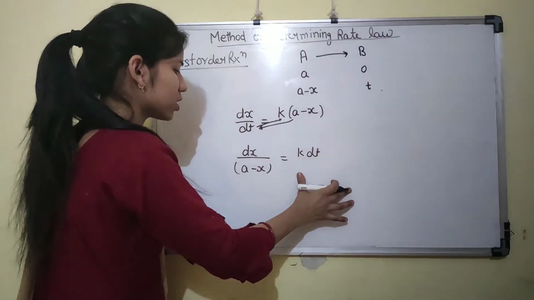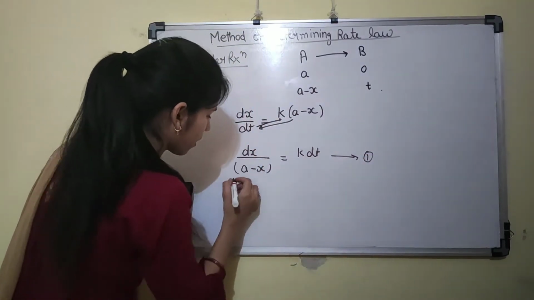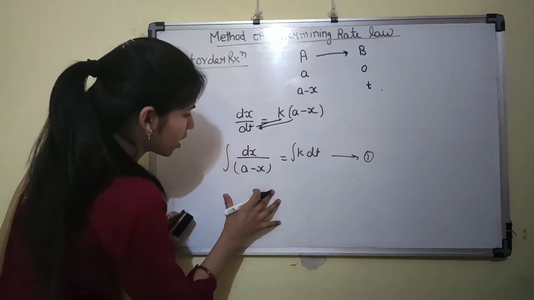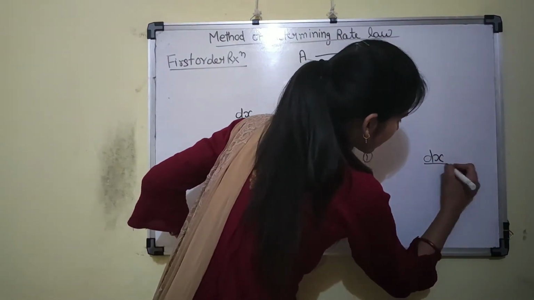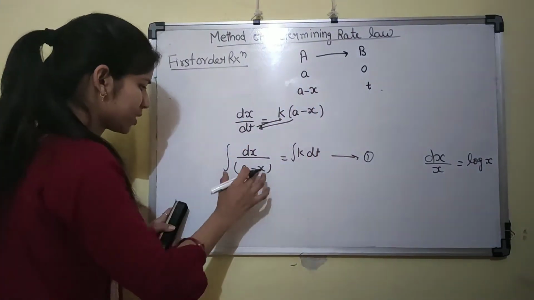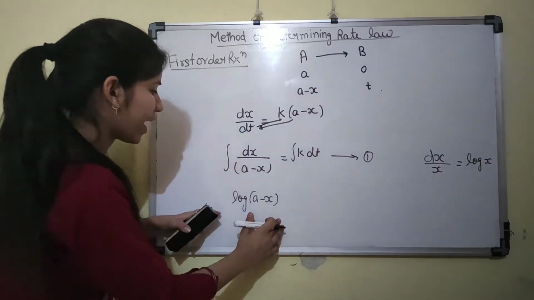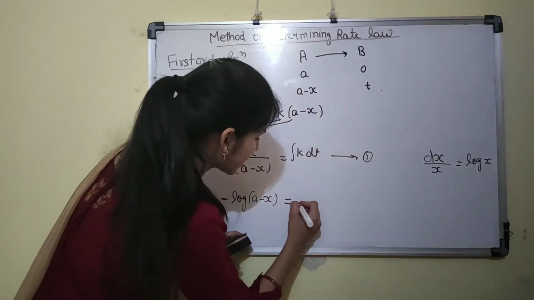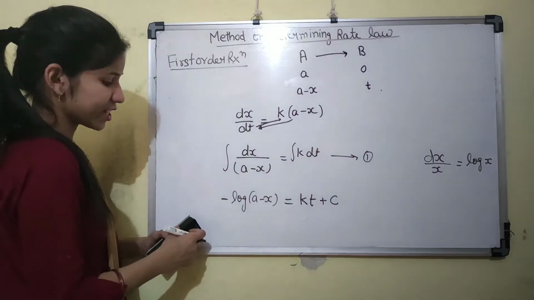Now integrating both sides, and this is our first equation. When we solve this integration, the integral of dx divided by x is log of x, so here it is log of A minus x, and because there is minus x, there is minus 1. So it equals kt plus c, where c is the constant of integration.